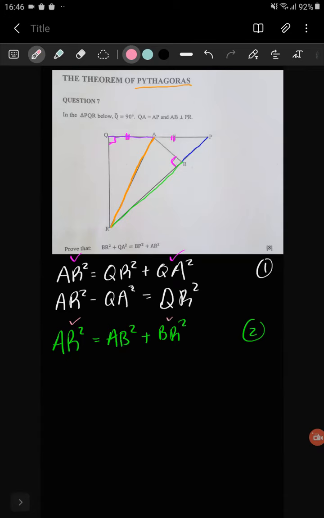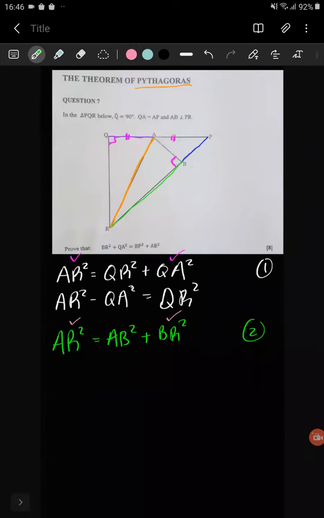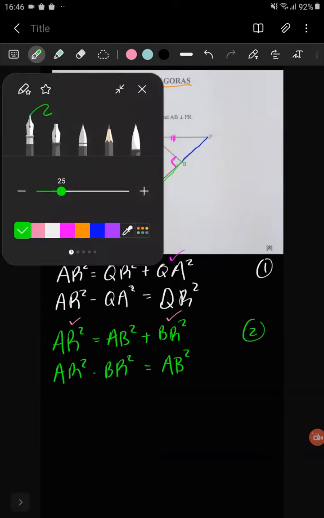Oh, there is BR. Okay, fine. So let's maybe isolate AB here. Isolating AB, you're gonna have AR squared minus BR squared. This is going to be equal to AB squared. Perfecto.